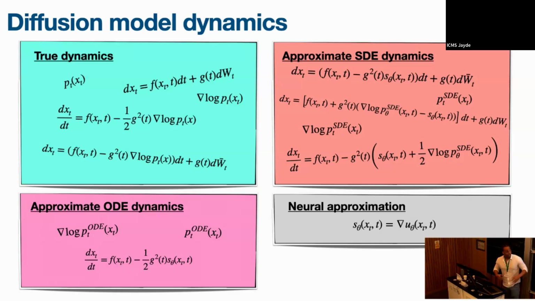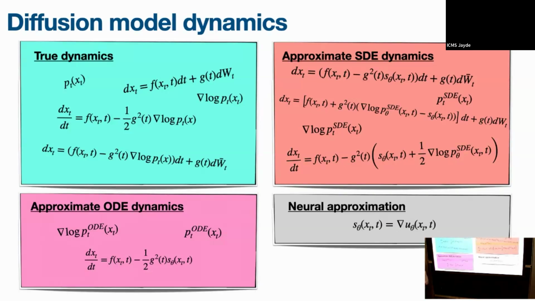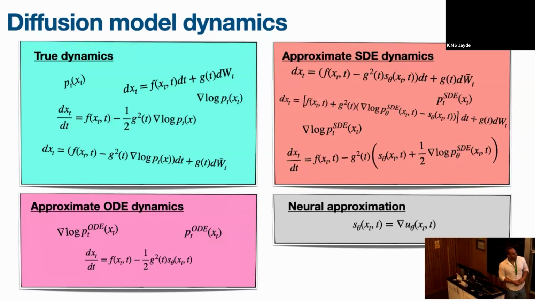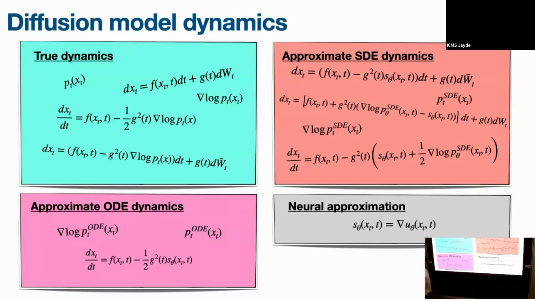But yeah, so you have your true model, which has these true dynamics up here, which go forward, backwards. There's a stochastic version, there's an ODE version. You have an associated score. I haven't put it in here, but there's obviously going to be a Fokker-Planck equation there. You have your approximate SDE dynamics, which again have all the same types of dynamics as the true dynamics, ODE dynamics, and you also have this neural approximation, which doesn't come from any dynamics, but it is an approximation to something to do with your density that you make by your neural network.